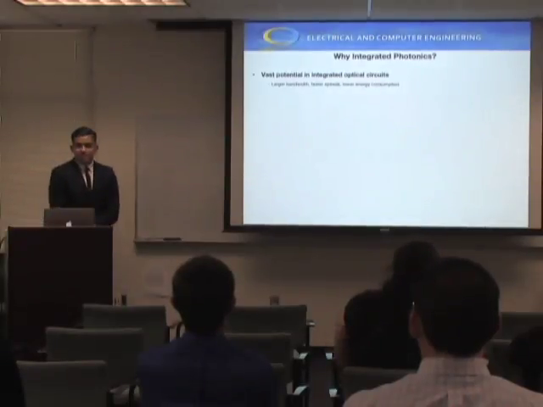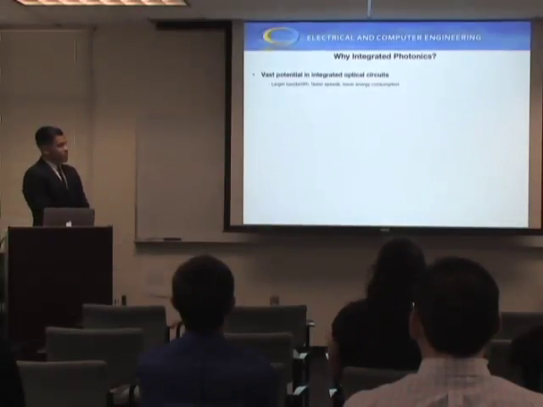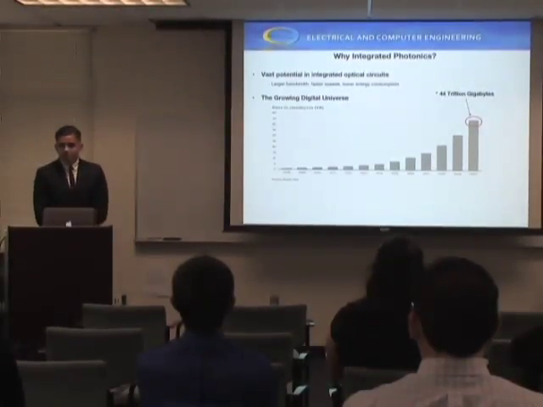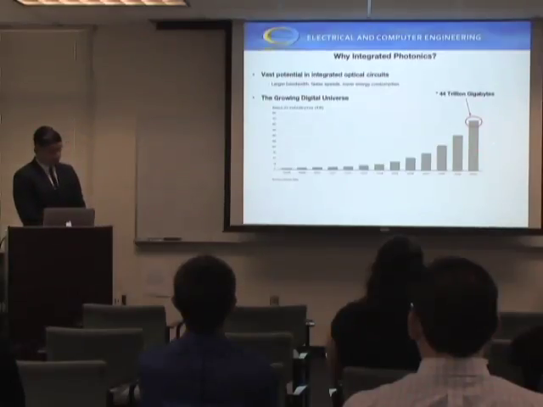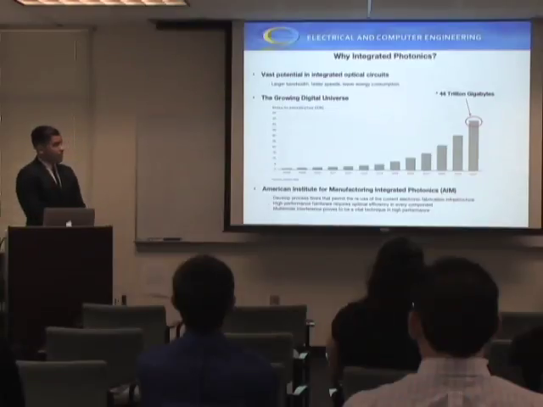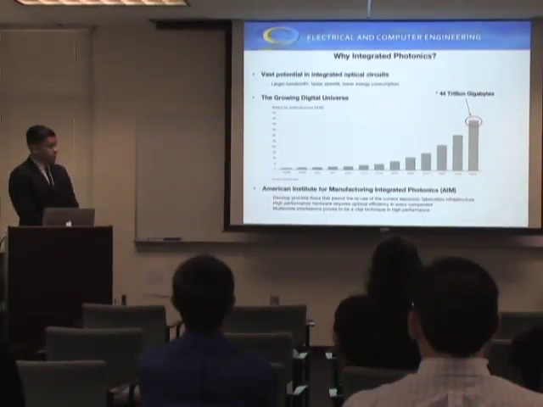With the vast potential in optical circuits due to their larger bandwidths and faster speeds, and with today's growing digital universe, as can be seen here in this graph, it is important to continue research in this field. AIM Photonics is currently doing this, not just this program, but with all the graduate students here.